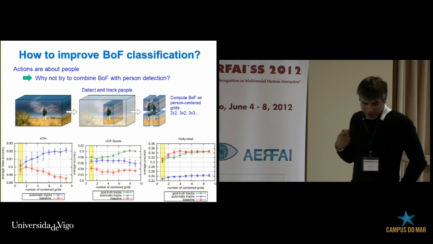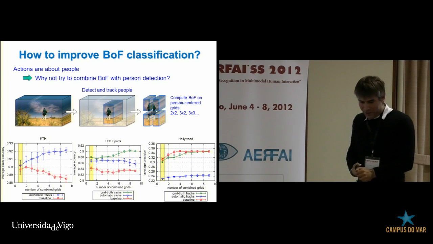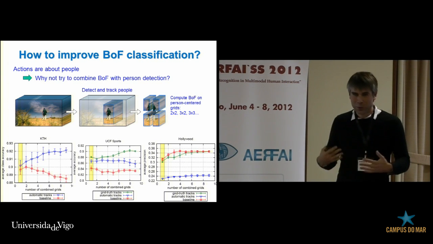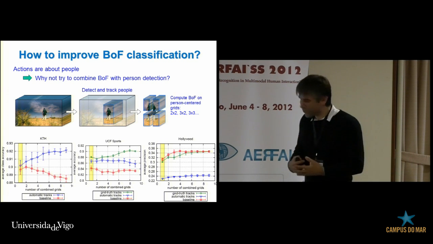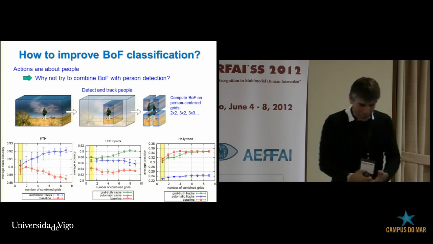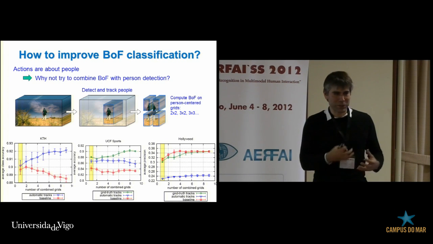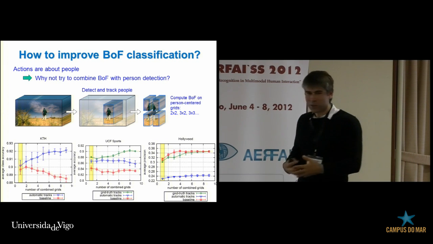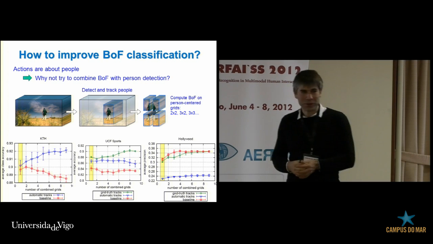Fine. If you want to get somewhere further with bag of words, one can think of trying to merge bag of words with some higher-level representations. One obvious idea one can come up with is why not try to combine person detection and bag of words representation, because finally we are looking at actions of people, so why are we just taking this bag of words over the full frame?